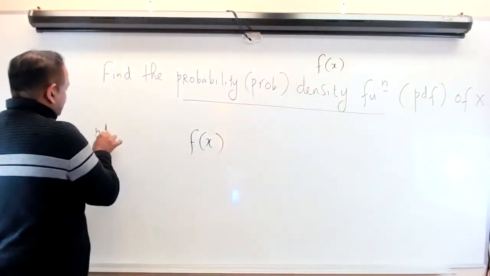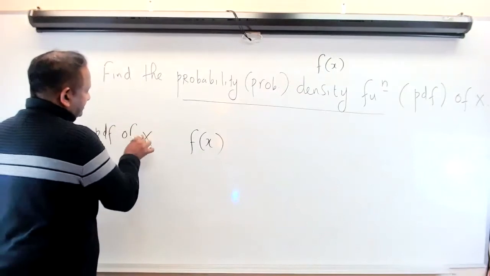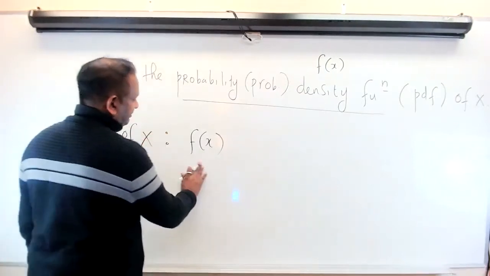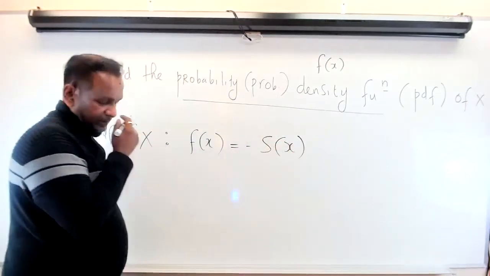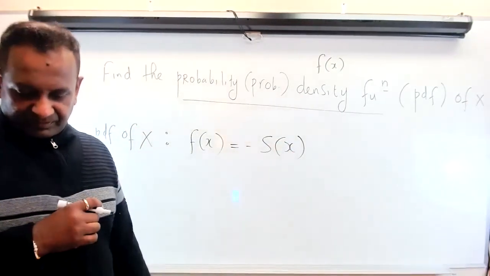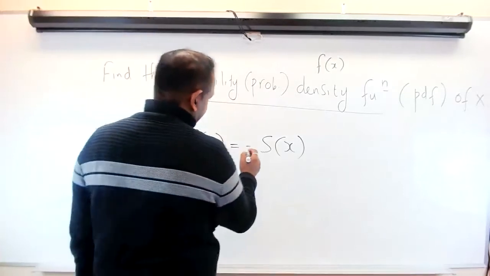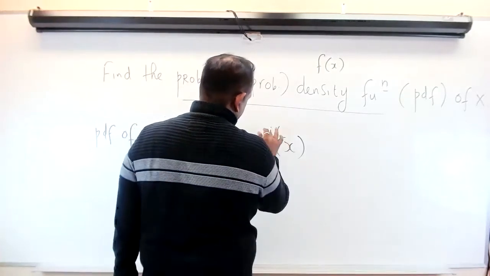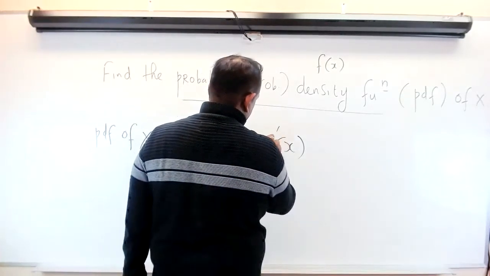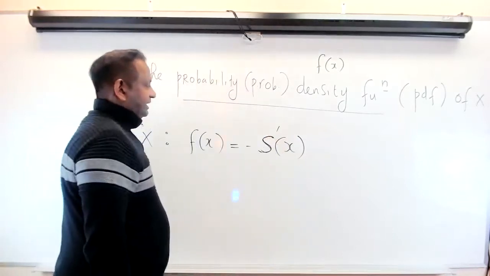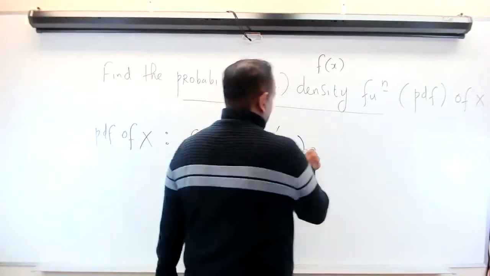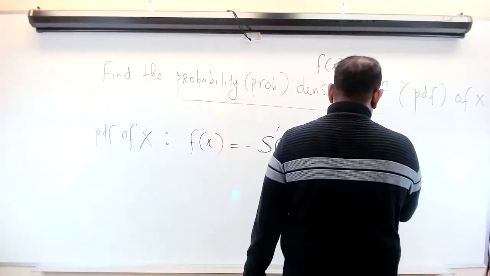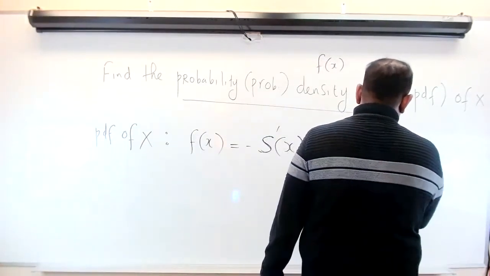PDF of x, f of x, is given by negative S prime of x. Okay. Take the survival function and take the derivative of that, with the negative. Or you can write it this way, negative dS(x) over dx.